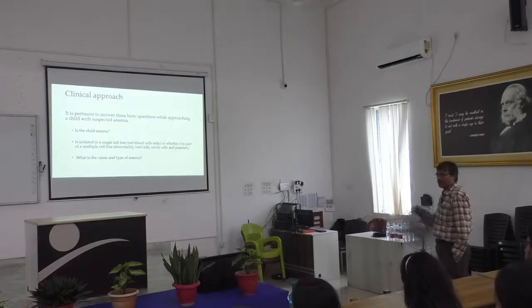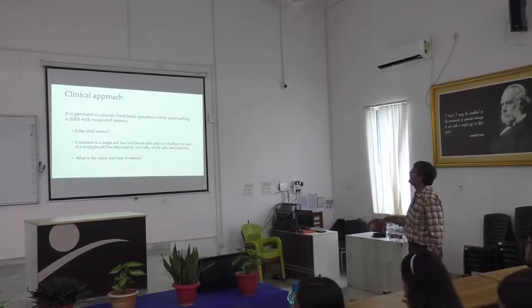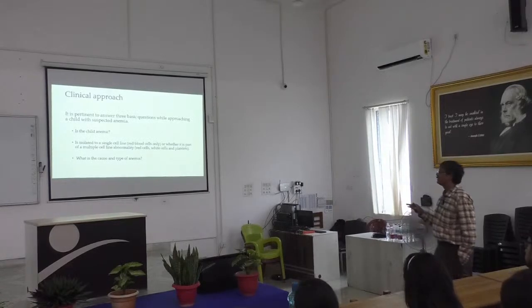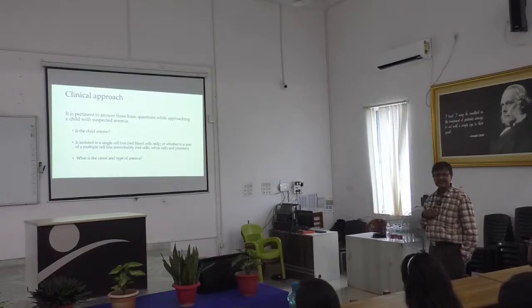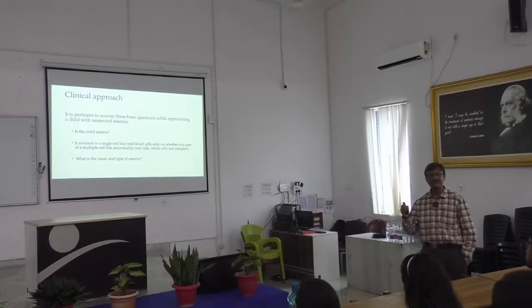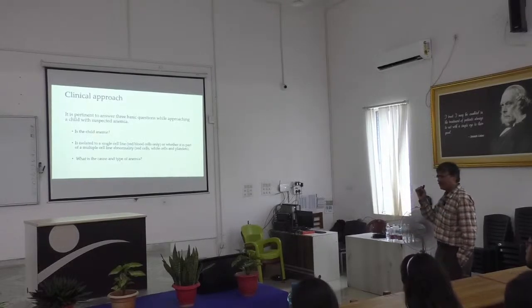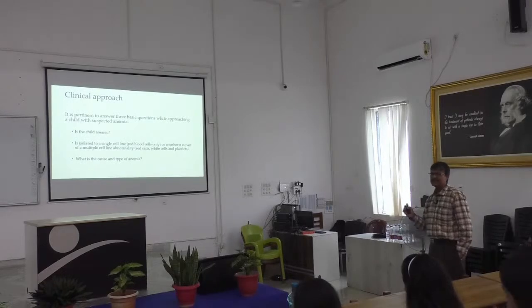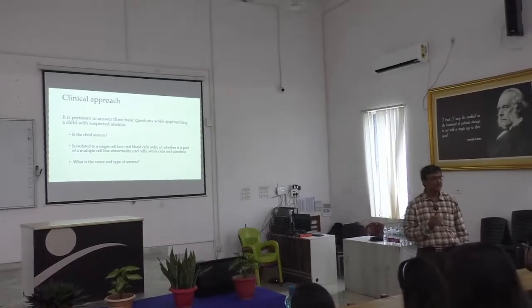So now, after going through history and clinical examination, we should think of the first question. Now our question is: is the child anemic? How will we go? By history, examination and parameters. Now, if there is anemia, that means there is involvement of blood production.